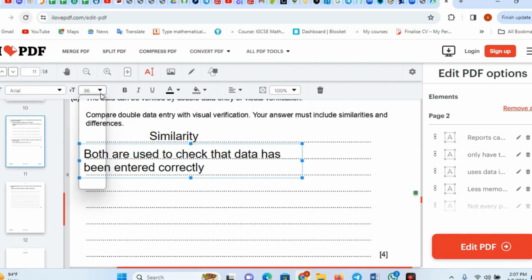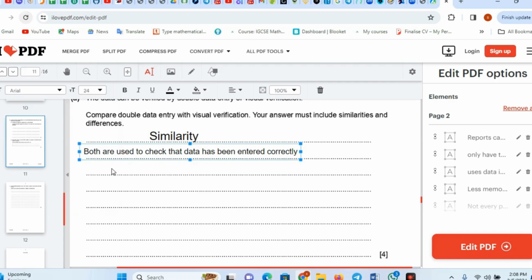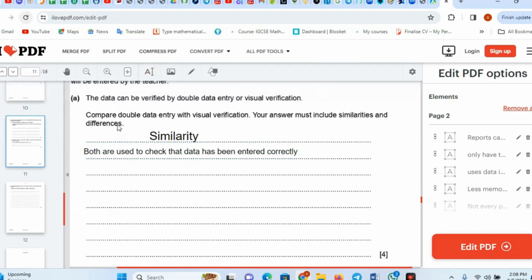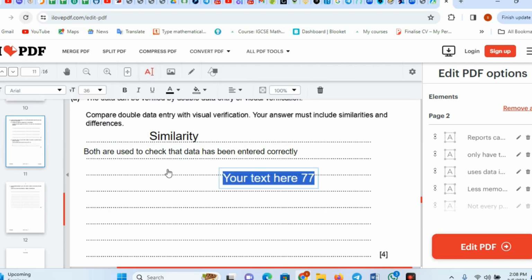Number two, both ensure that the data has been transferred correctly. When you make use of the two, they ensure that your data has been transferred correctly. That is, there is no error whatsoever in your data as you transfer it. That's another similarity between double data entry and visual verification.